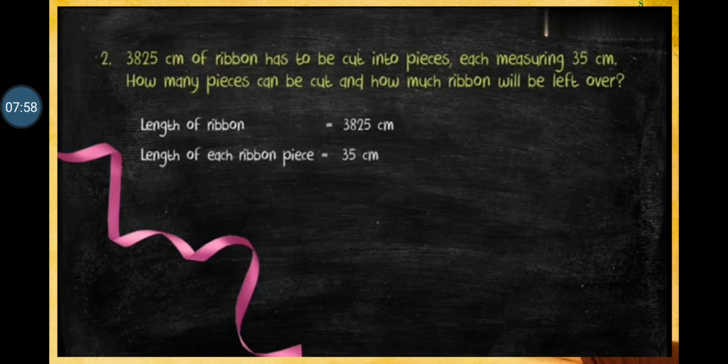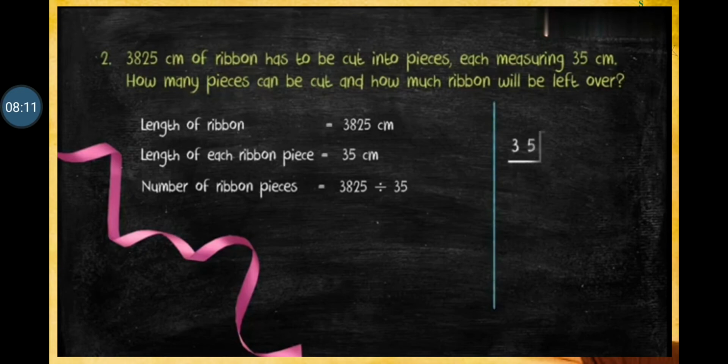Now carry out the plan. Write down the statement. As we are writing here, make the working column. Put the dividend inside the tent, because here the dividend is 3825 and the divisor is 35.